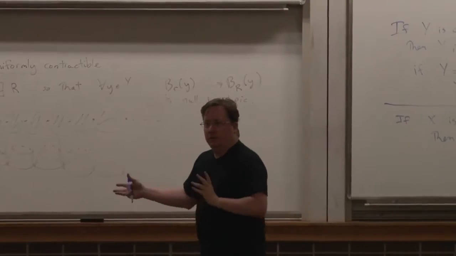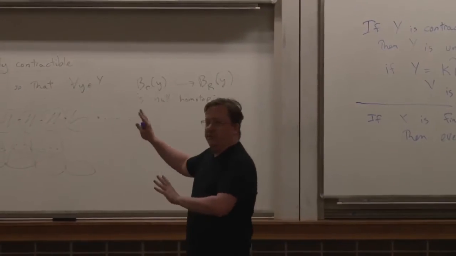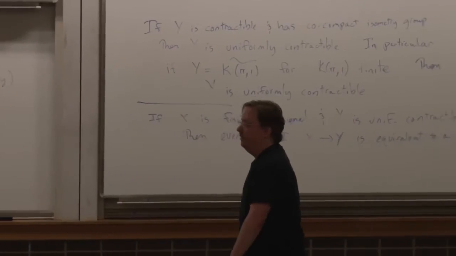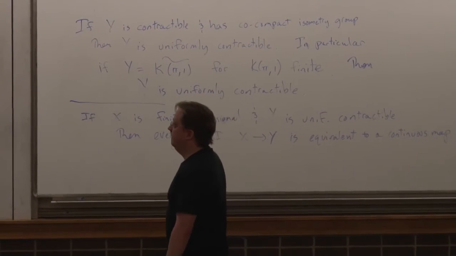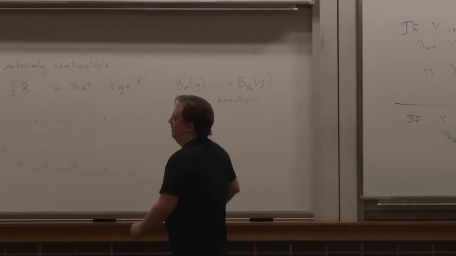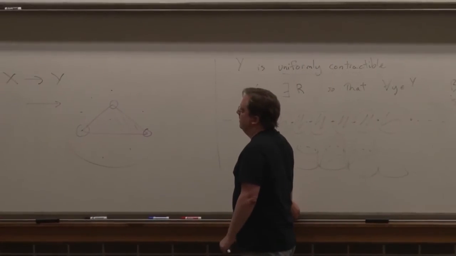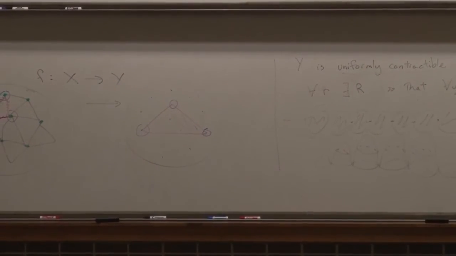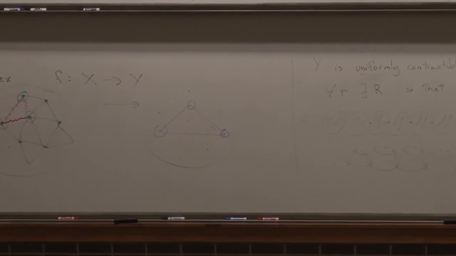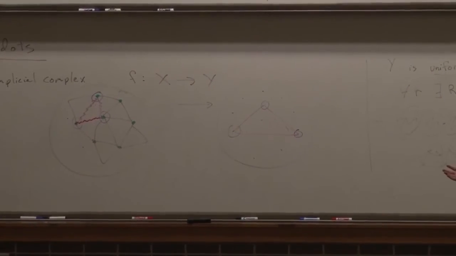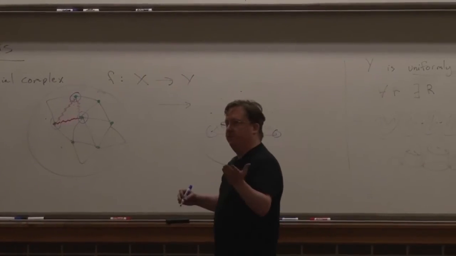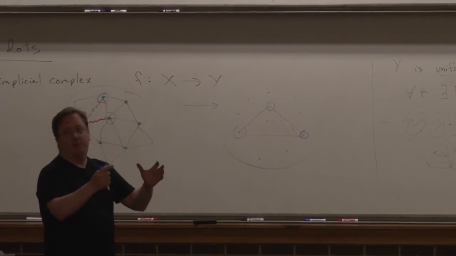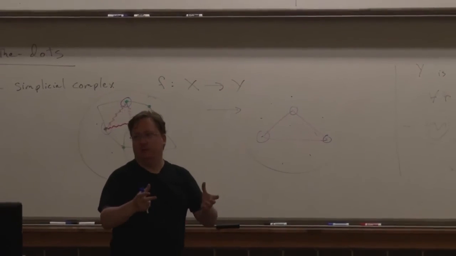If X is more exotic, you have to be a little bit careful about what you mean by contractible, and so forth. I guess I should point out, maybe I should have said this yesterday, if you give me any geodesic metric space, I can pick any positive radius you like and find a maximal packing by disjoint R balls.